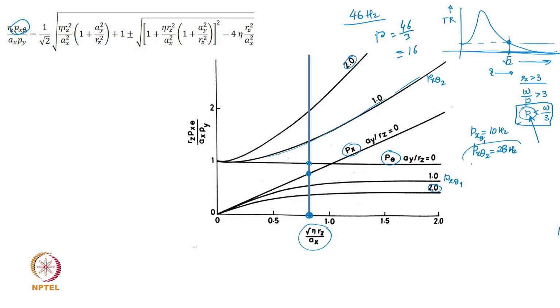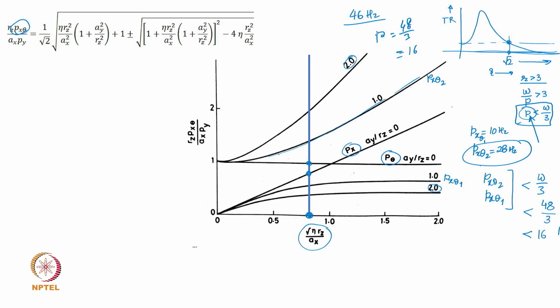So this is going to be a problematic case for you, right? You expect your natural frequencies px theta 2 and px theta 1, either of them, should be less than omega by 3. Let's say instead of 46 I will take it at 48 hertz. 48 hertz divided by 3, that's going to be 16.